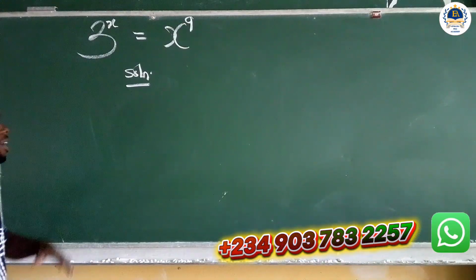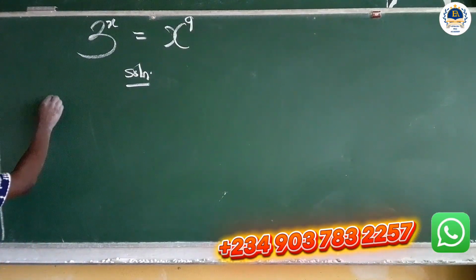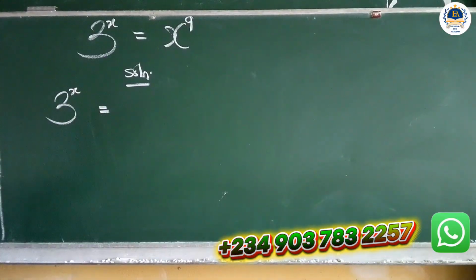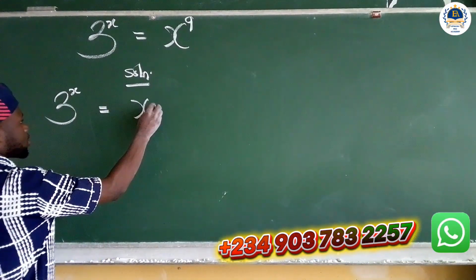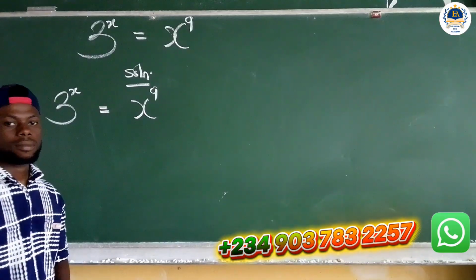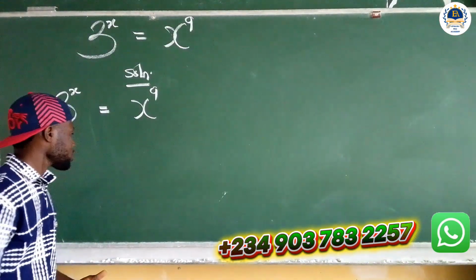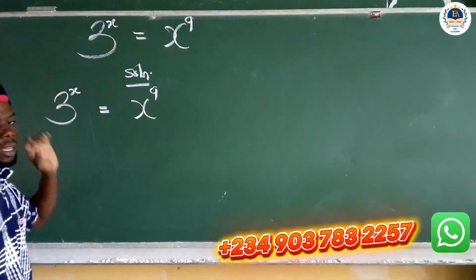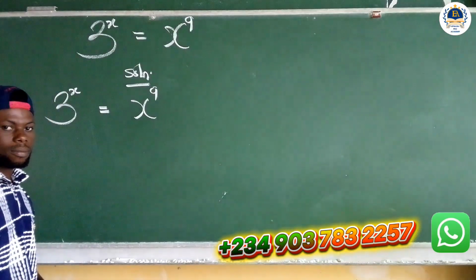Now, in my left hand side, I have 3 raised to the power of x, while in my right, I have x raised to the power of 9. I want to ensure that in my left, we have just a number alone and not a letter.